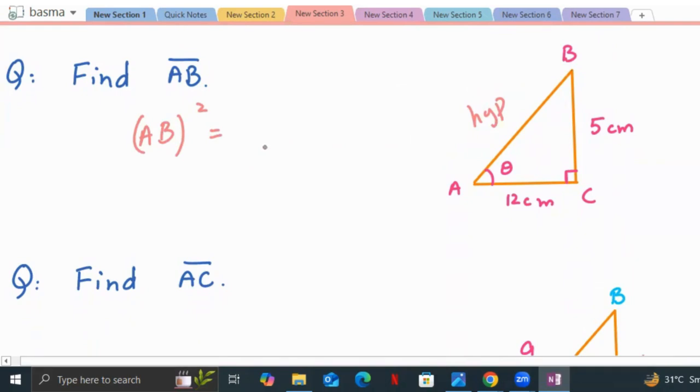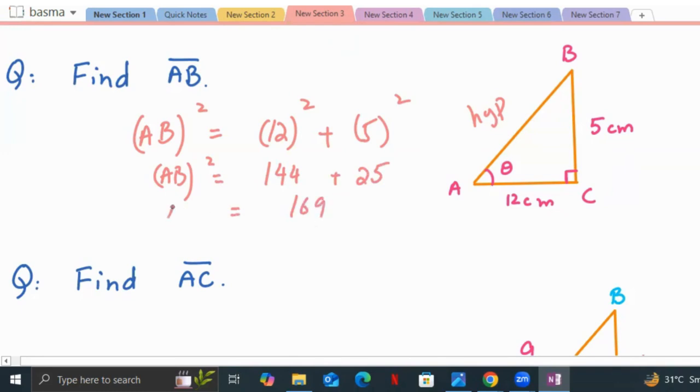So AB squared equals adjacent squared, which is 12 squared, plus opposite squared, which is 5 squared. So AB squared is equal to 12 squared, which is 144, and 5 squared is going to be 25. When we add them both, we get 169.